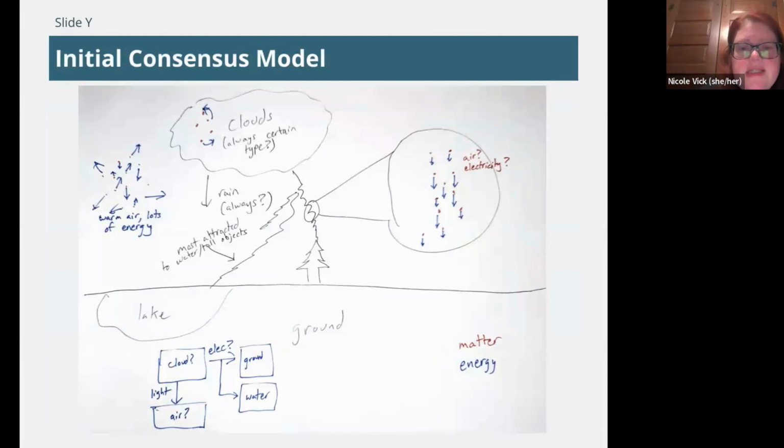And so here you can see that after drawing the initial model, they've layered on some ideas about matter in the red text, and then energy in the blue text. And I do want to point out in the energy transfer diagram boxes at the bottom, that type of notation had been previously developed in the first unit.